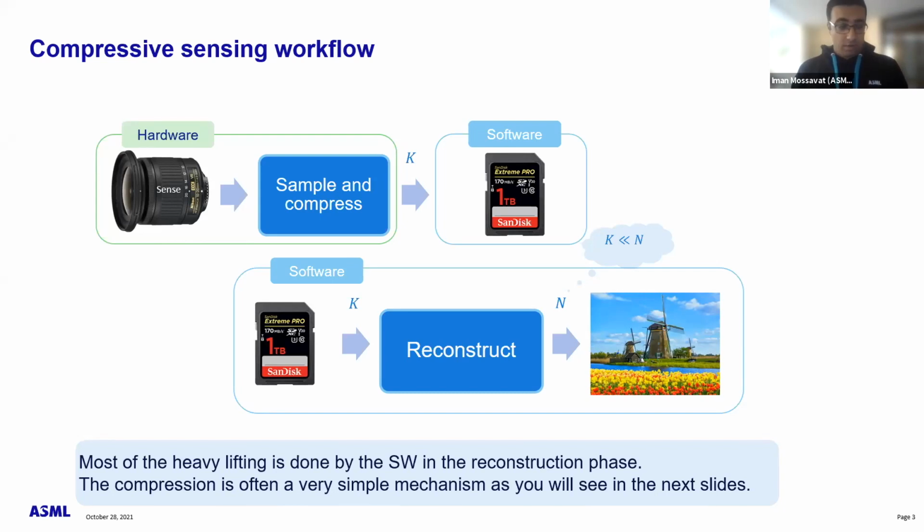Sometimes you also want your hardware to do a basic encoding, encryption, for security reasons. This is not in the scope of this talk, but compressive sensing also does that. So in short, your hardware compresses things and pushes all the complexity to the software side to do reconstruction.